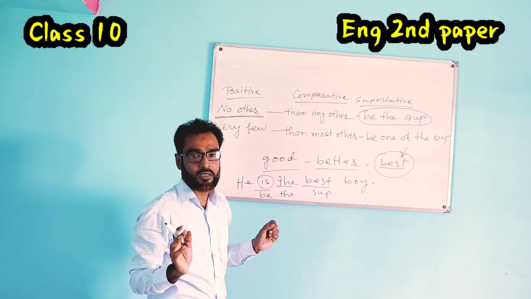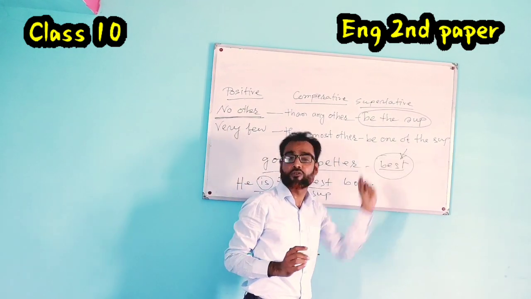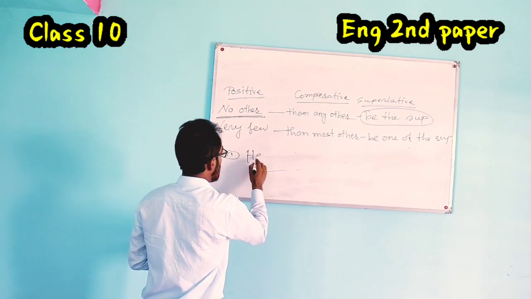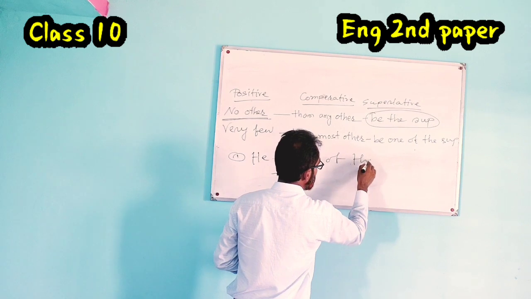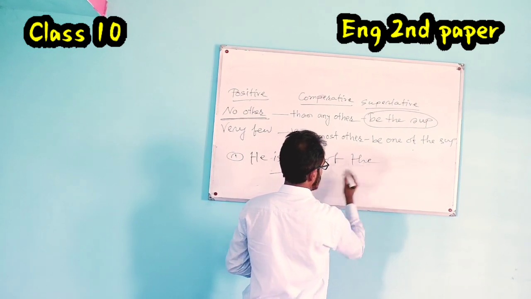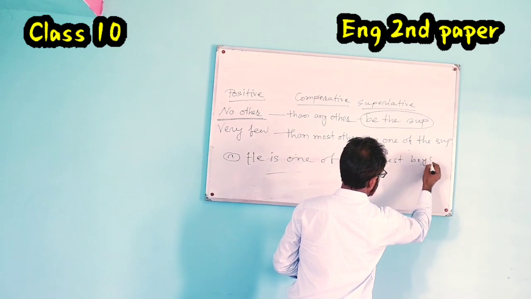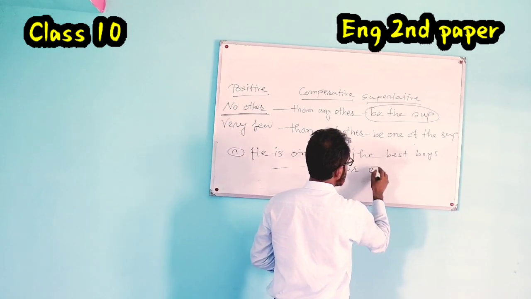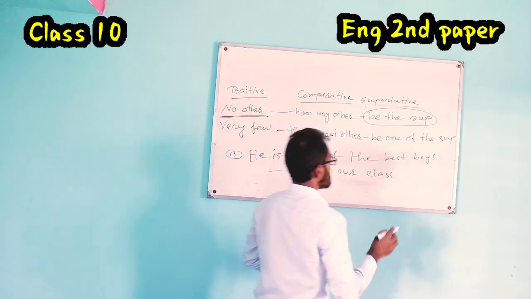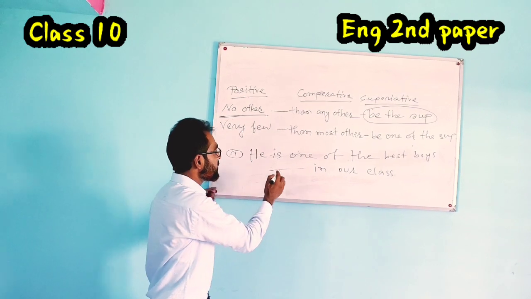On the other hand, if you find a sentence with be one of the sup, he is one of the best boys in our class, dear students, please pay attention here.